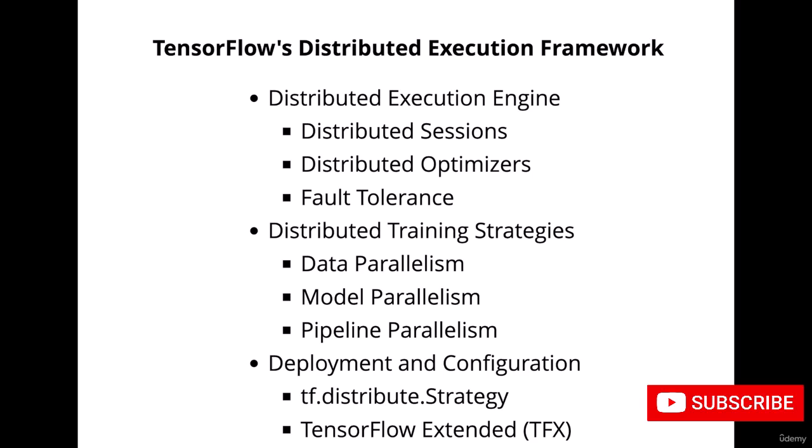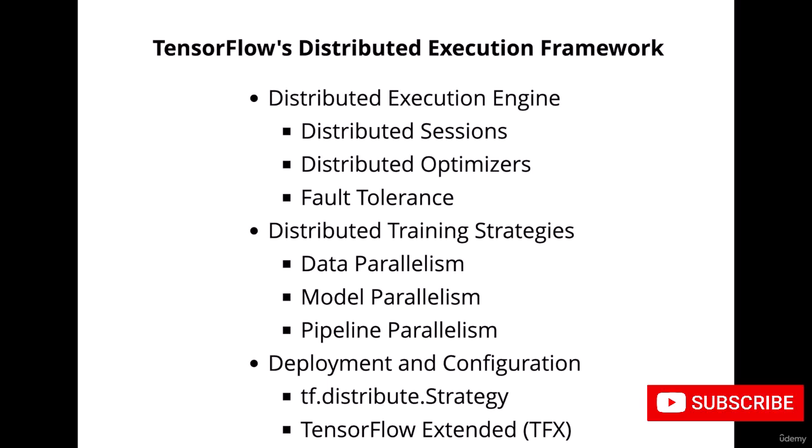Deploying and configuring a distributed TensorFlow setup requires careful consideration of factors such as network topology, device placement, communication overhead, and resource allocation. TensorFlow provides tools and APIs for configuring and managing distributed setups, including tf.distribute.strategy.